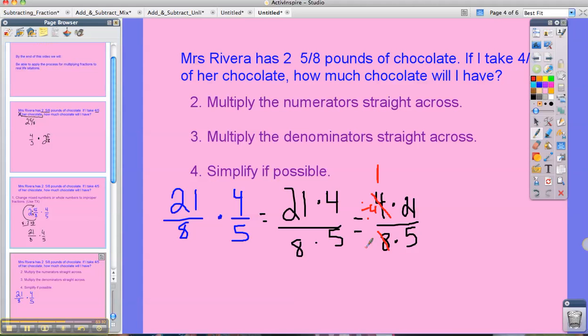And 8 divided by 4 would get us 2. So this is now 1 times 21, which is 21, over 2 times 5, which is 10, which would be much easier than multiplying out 21 times 4 and 8 times 5. So we multiplied the numerator straight across, multiplied the denominator straight across, and we simplified before we did that.